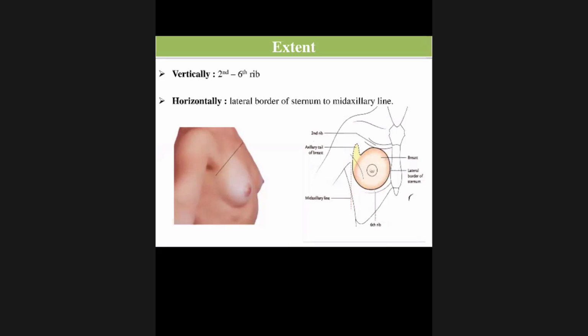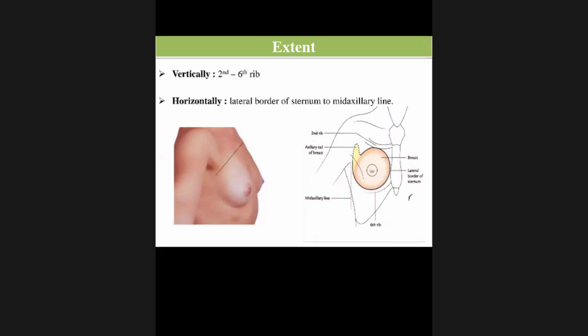And the horizontal extension of this mammary gland is from the lateral border of the sternum. The sternum is present in the midline, the mid-sagittal line, so it doesn't have a medial border, only two lateral borders on either side, right side as well as left side.